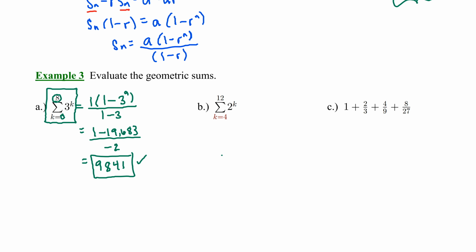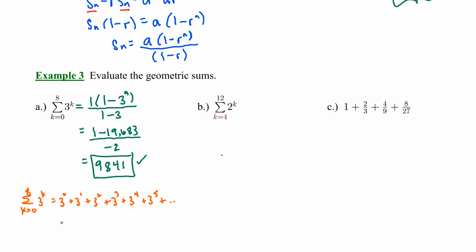Another way of actually thinking about this particular problem is just to expand the series. So what we're actually doing here, the sum from k equals 0 to 8 of 3 to the k, we're evaluating 3 to the 0th plus 3 to the 1st plus 3 squared plus 3 cubed plus 3 to the 4th, 3 to the 5th.